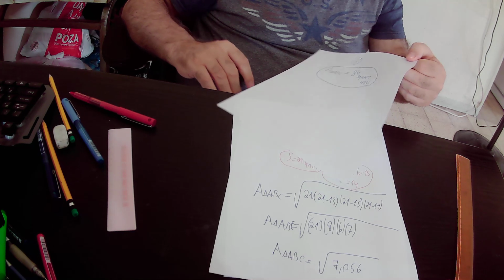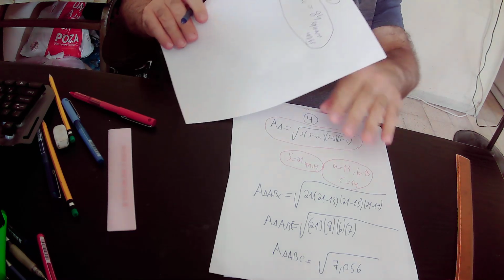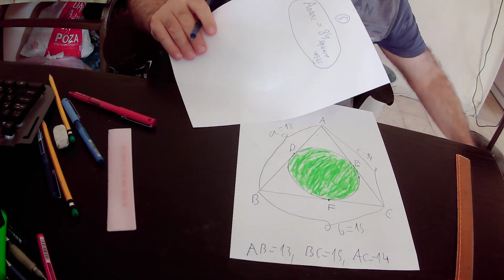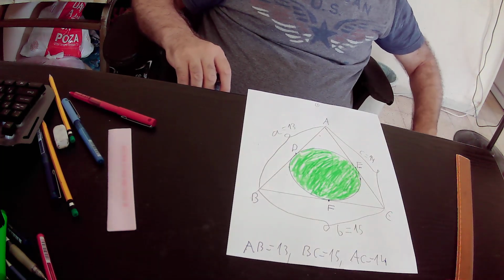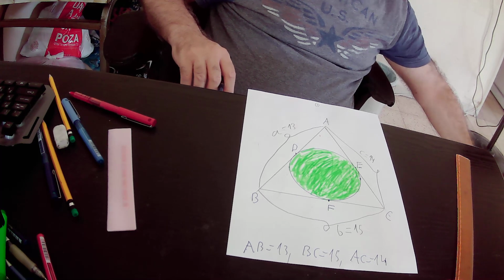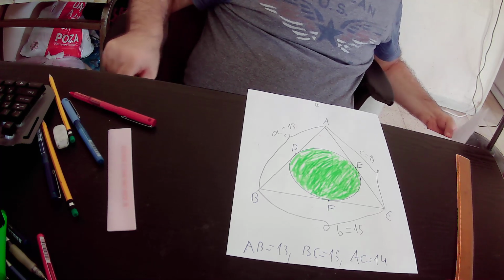Okay, so the next step, we will find out the radius of the green circle.